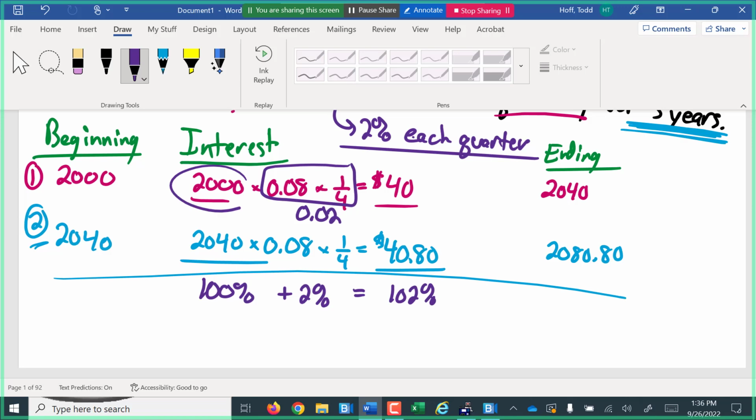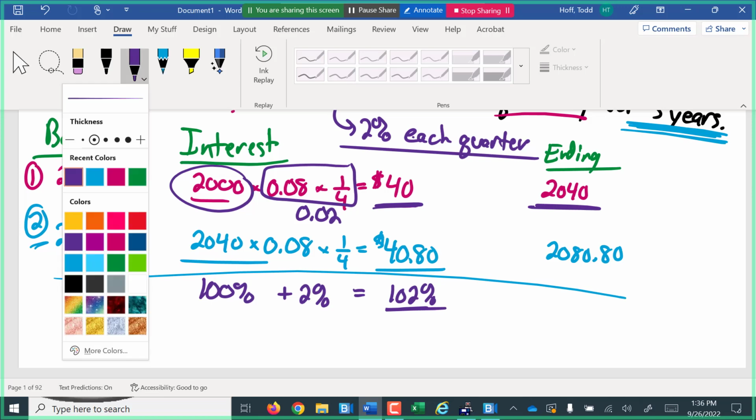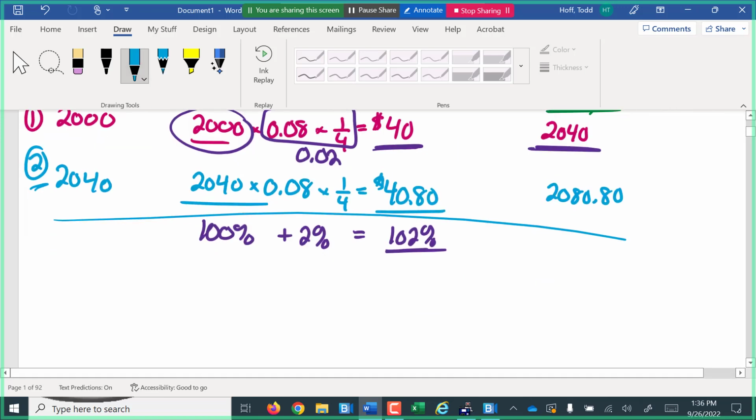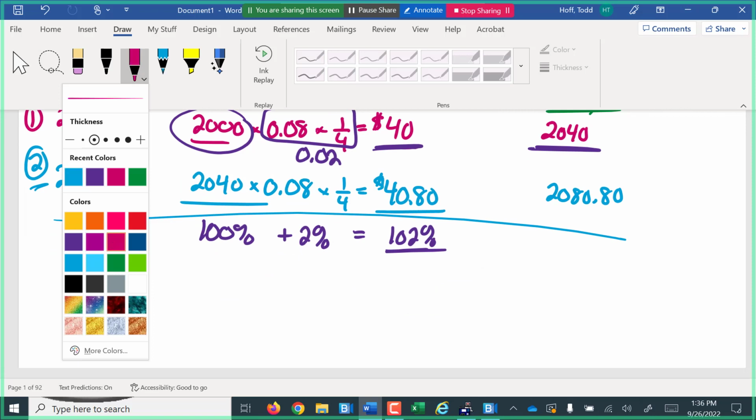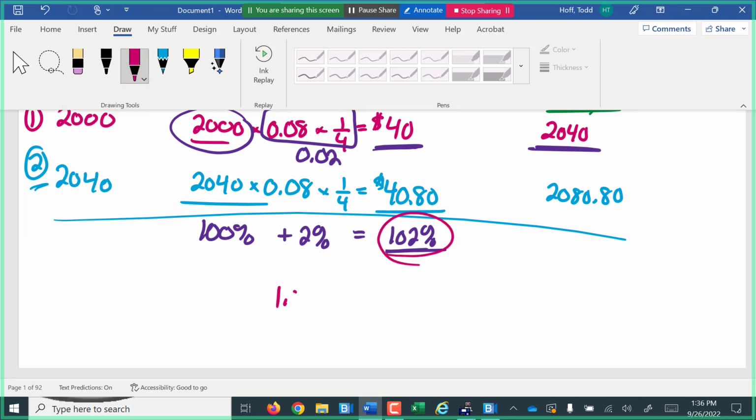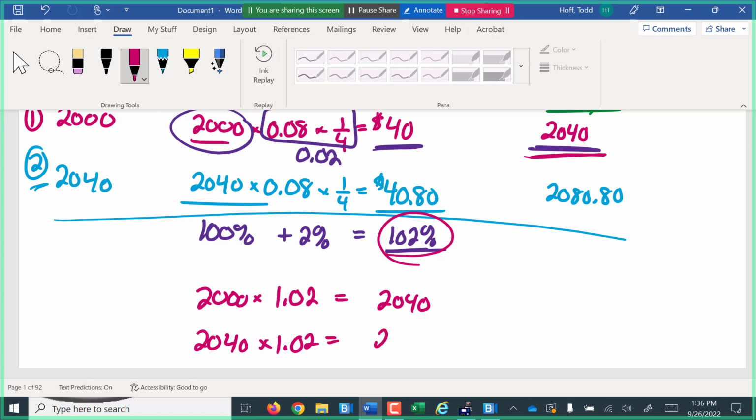So to get from the beginning of the quarter to the end of the quarter, we could just multiply by 102%, or what would that be as a rate? 1.02. So if we did 2,000 times 1.02, that would be 2,040. That's what we had for the ending balance at the first quarter. We did the 2,040 times 1.02. We get $2,080.80, the ending balance at the end of the second quarter.